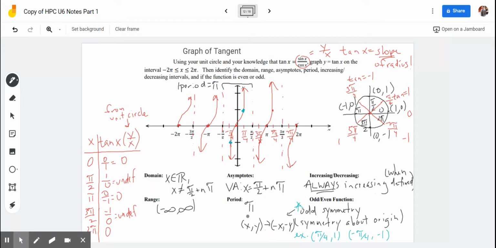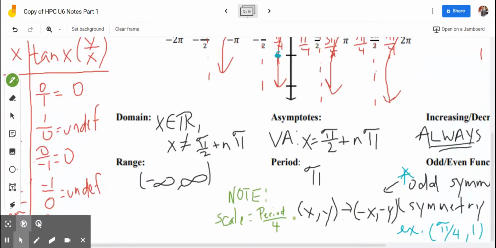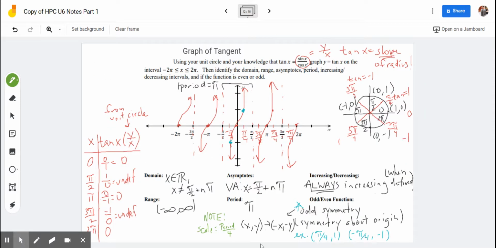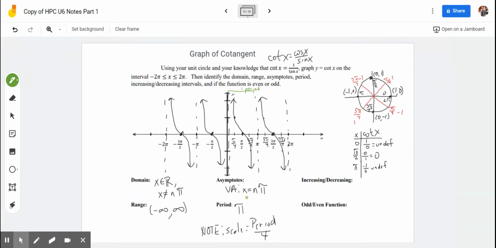I just added that note here for the tangent function as well. The scale on the x-axis is the period divided by 4, just like with the sine and cosine functions. This function is technically always decreasing when it's defined.